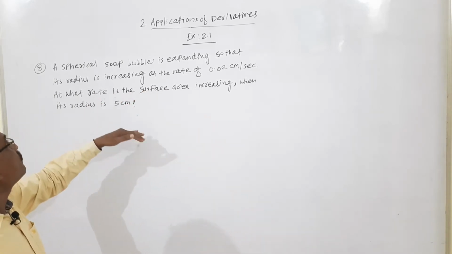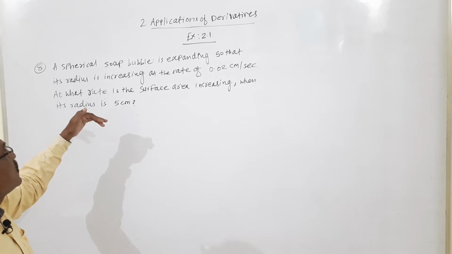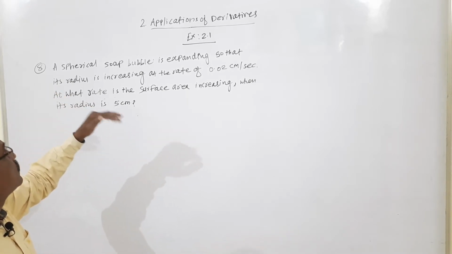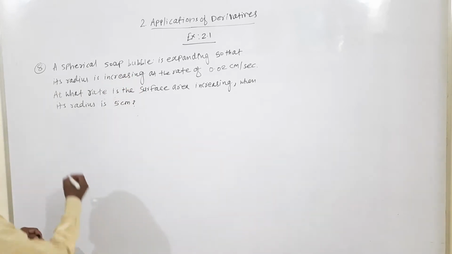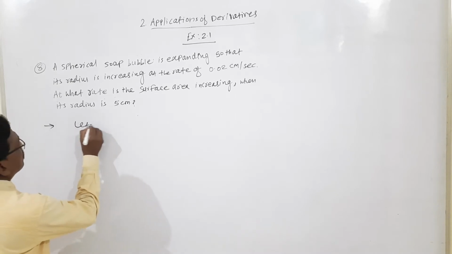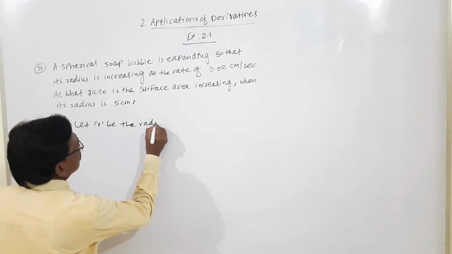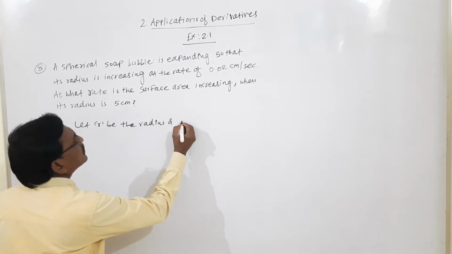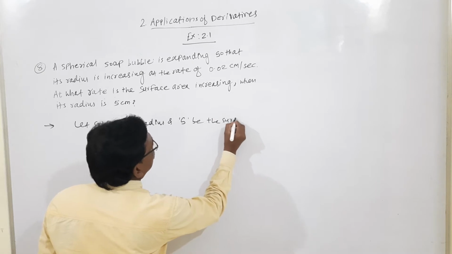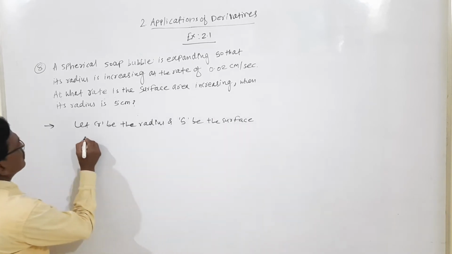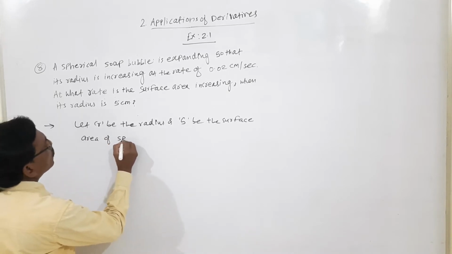Already the rate of increase of this spherical soap bubble is given here. Let r be the radius and s be the surface area of the spherical soap bubble.